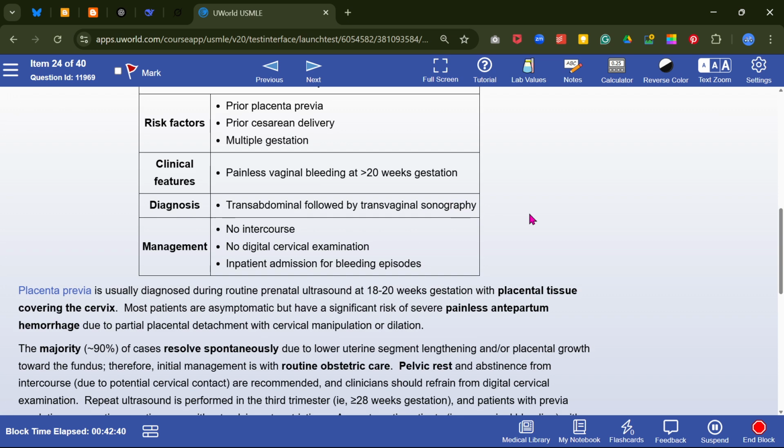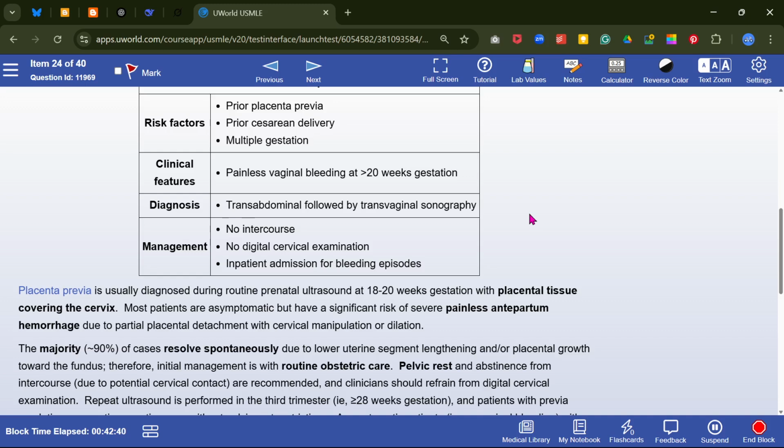So, placenta previa is diagnosed during routine prenatal ultrasound, 18 to 20 weeks of gestation, with placental tissue covering the cervix. Most patients are asymptomatic but have significant risk of severe painless antepartum hemorrhage due to partial placental detachment with cervical manipulation or dilation.